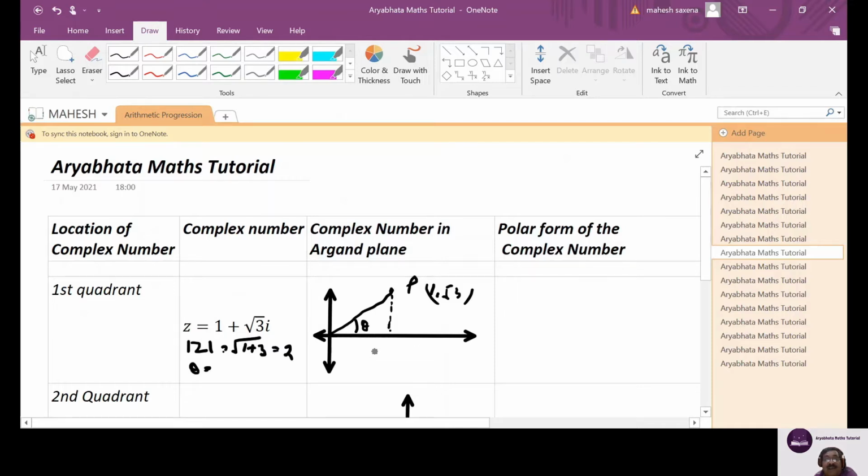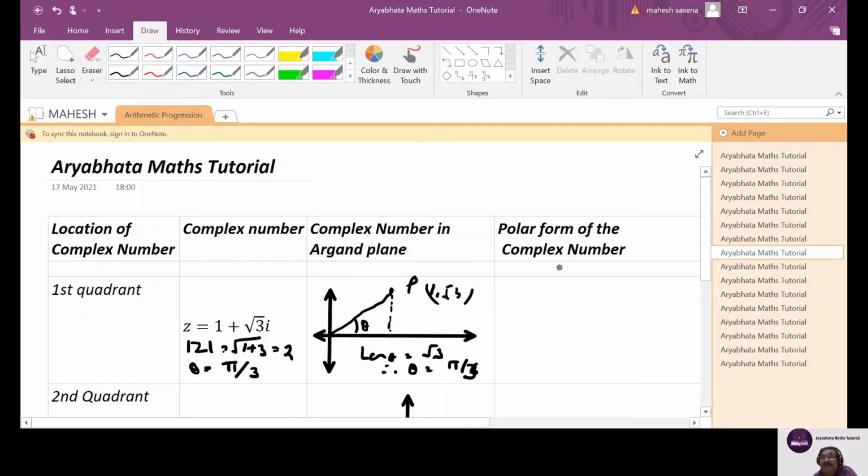Tan theta is equal to root 3, implies theta is equal to pi by 3.